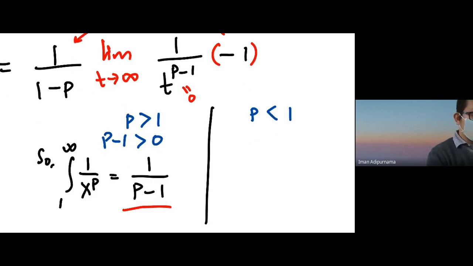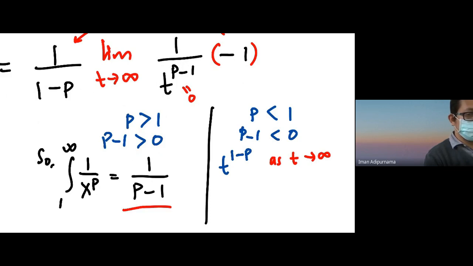So if p is less than 1, so p minus 1 is less than 0, then if we look at t to the 1 minus p, as t gets large, t to the 1 minus p also gets large, right?